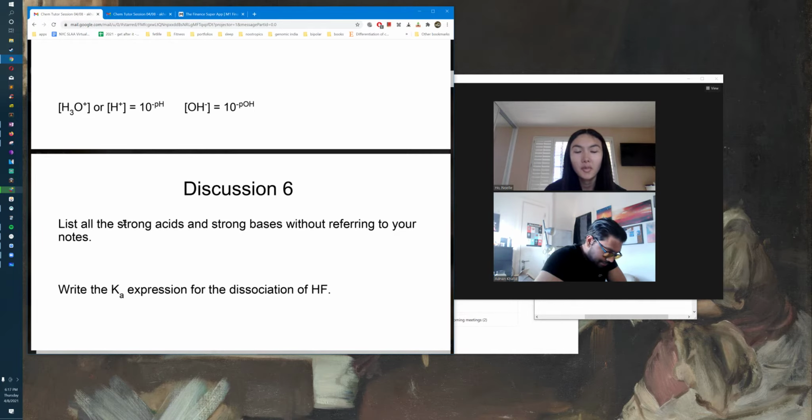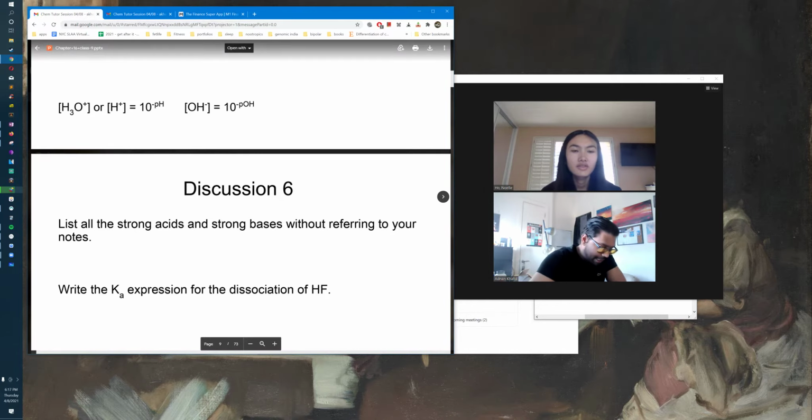Yep. So basically, autoionization means that it ionizes itself. If I had H2O liquid plus H2O liquid, one donates a proton and this one accepts a proton.